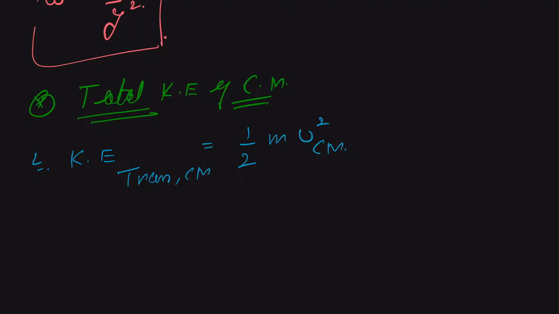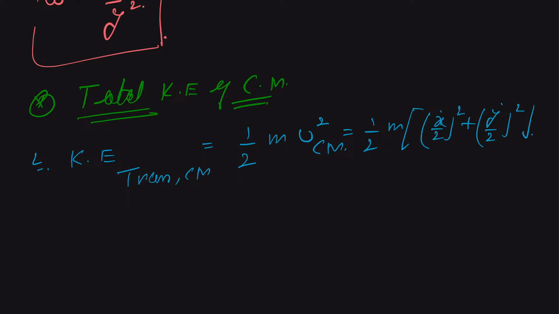is our, okay, let me substitute it here itself. So this comes as half m, and our velocity will be equal to the square root of x dot by 2 whole square plus y dot by 2 whole square.